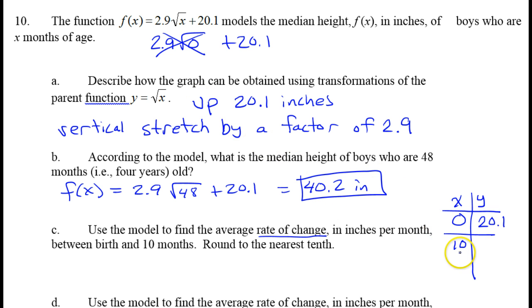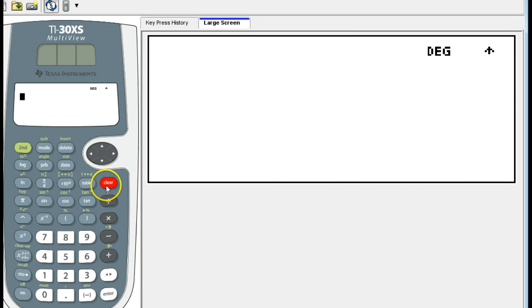Now, at 10 months, so now we're talking about substituting 10 in here. So I can almost just do it without rewriting it by going like this. Boom! I'm so clever. So at 10 months, even with a basic calculator, I could take the square root of 10, multiply by 2.9, add 20.1. So let's pretend this was a 4-function calculator.